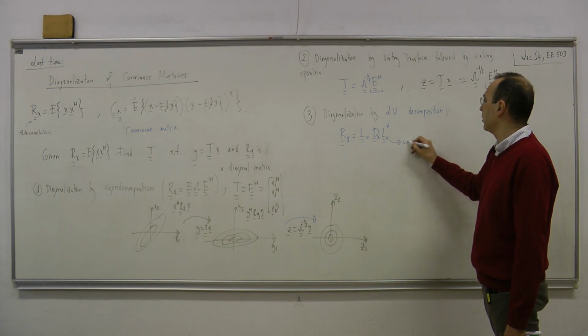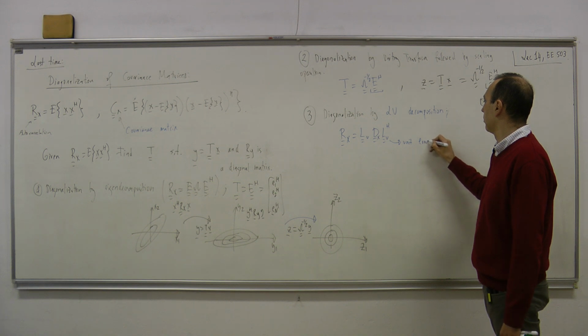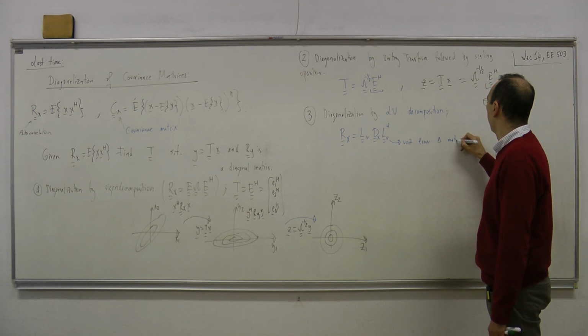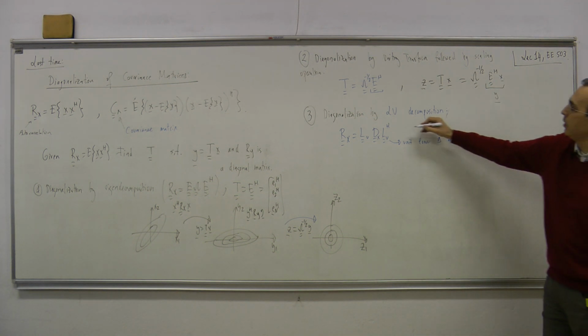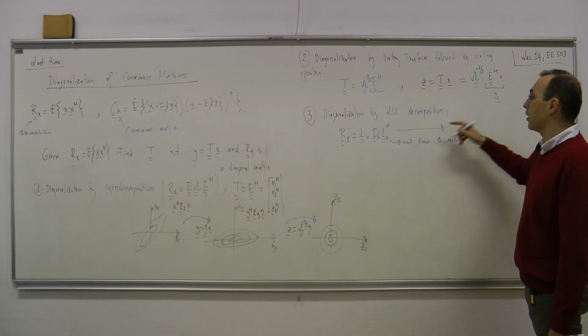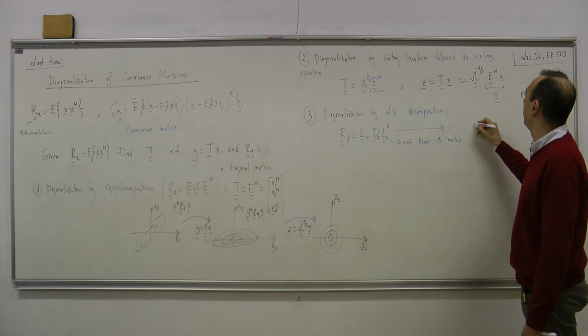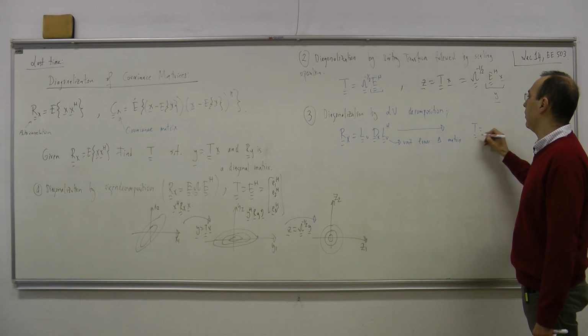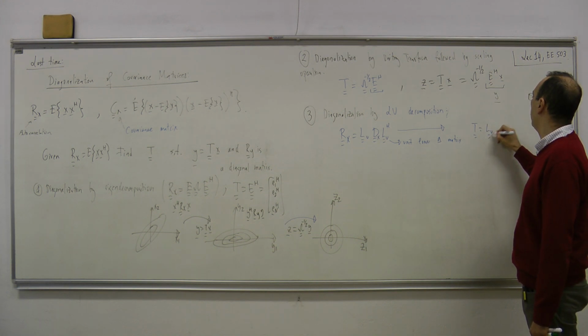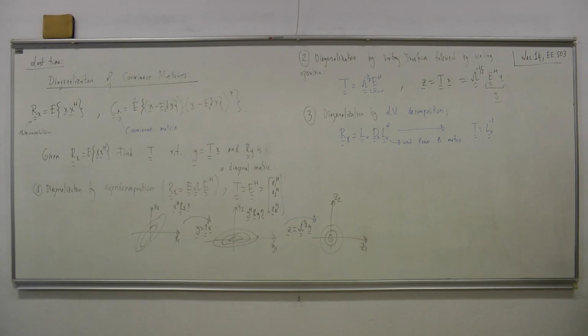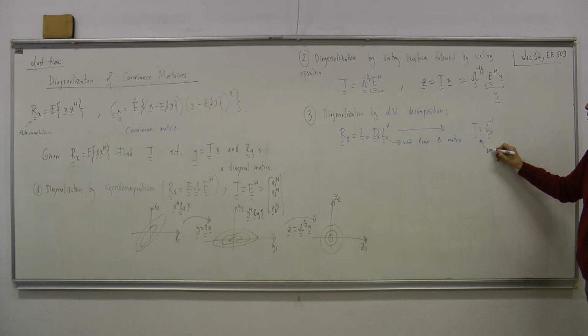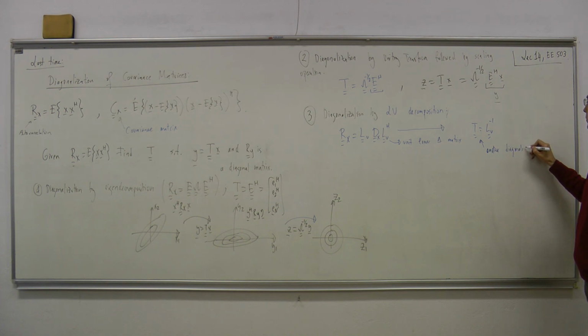LU is a unit lower triangular matrix. Now if I have such a case, by LU decomposition, then if I select the T matrix as LU inverse, then this is also another diagonalization matrix.